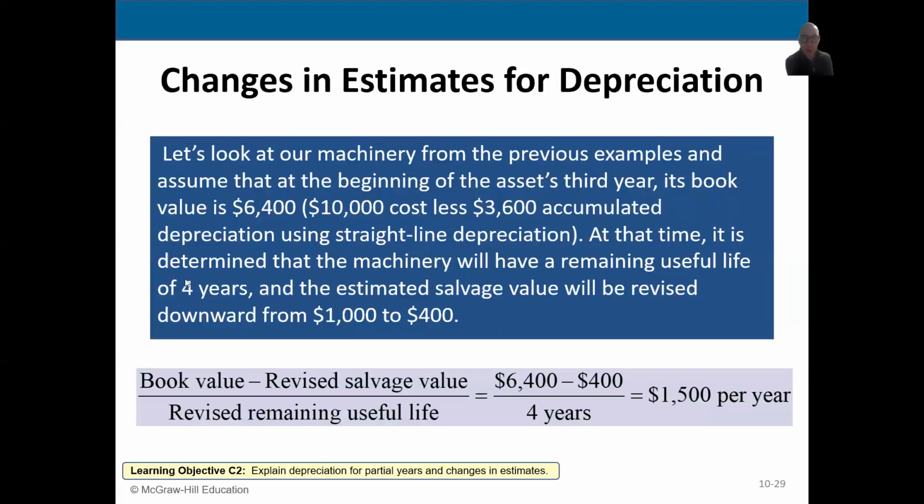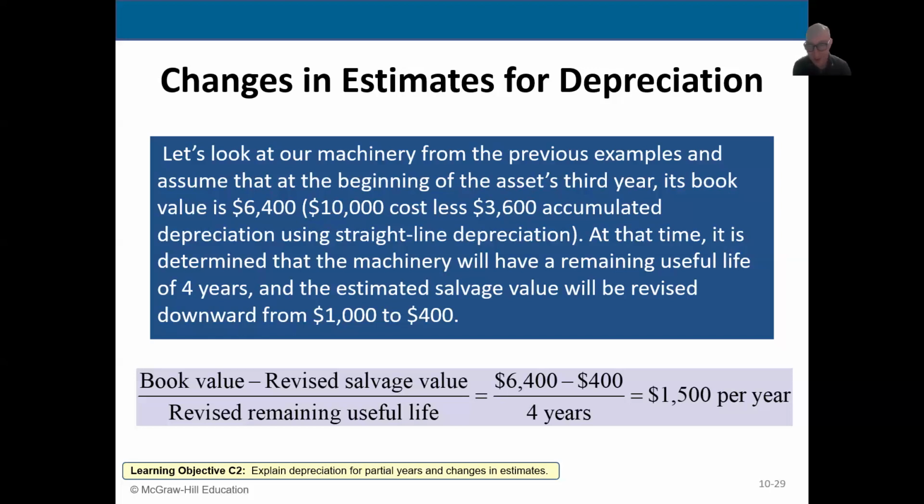Here's an example of that. I had a piece of machinery, $10,000 was the cost, minus the accumulated depreciation, $3,600. During year 4, something happened to it. So we revised the useful life downward by a year.